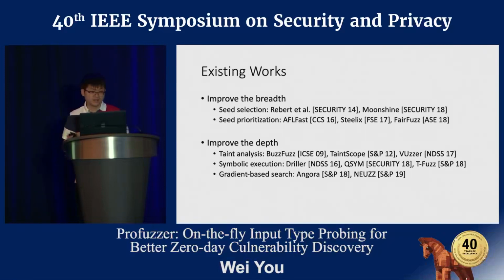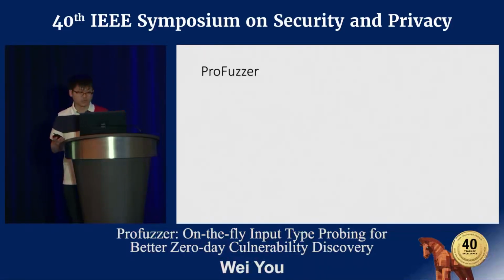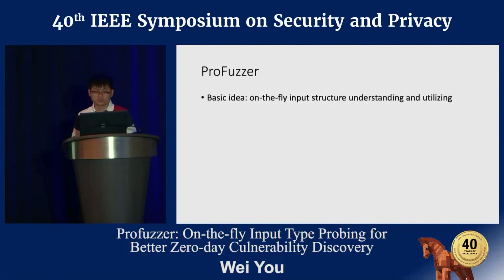However, some more highly effective fuzzing requires in-depth knowledge of the target program's input. This motivates our work of ProFuzzer, which performs on-the-fly input structure understanding and utilizing in a two-stage fuzzing process.